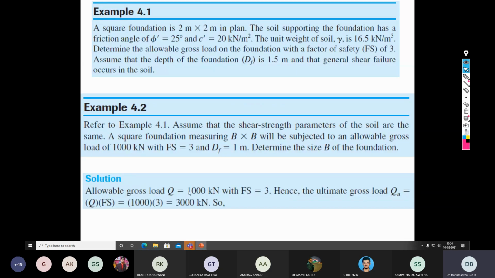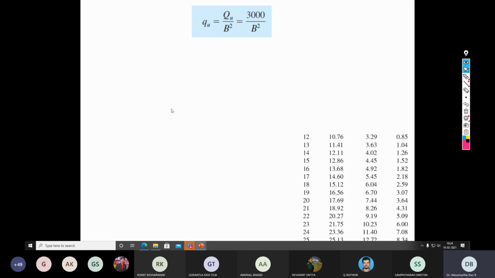So the allowable gross load is 1000 kilonewton with a factor of safety of 3. Hence capital QU is 1000 multiplied by 3, that is 3000 kilonewton. Small QU is equal to capital QU by B squared, because this is the same equation as in the previous problem.